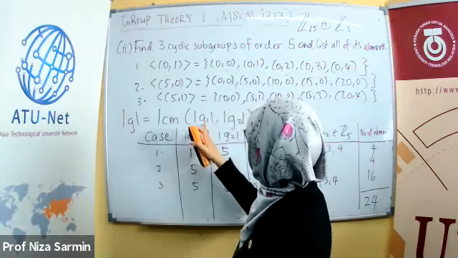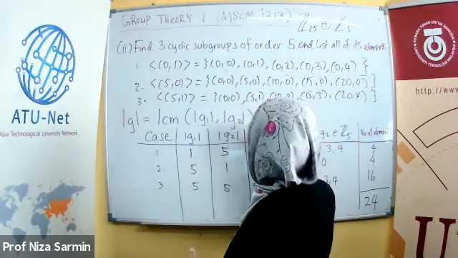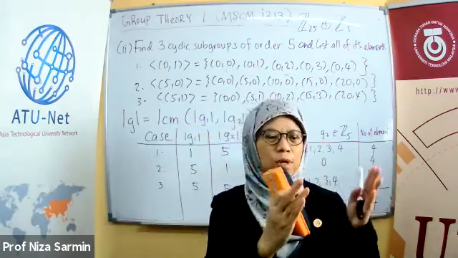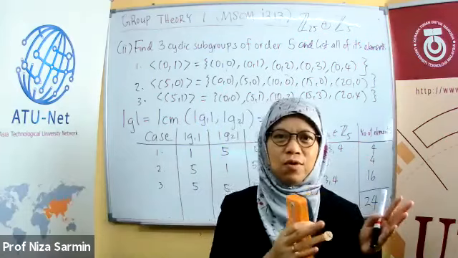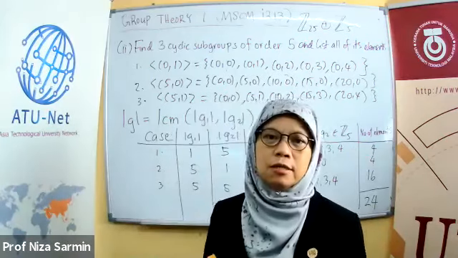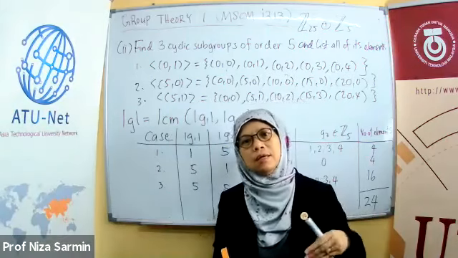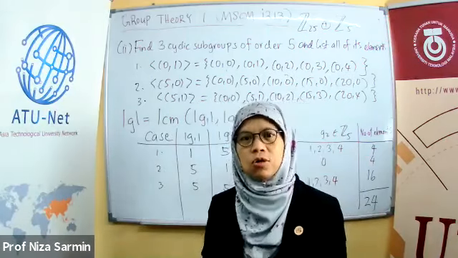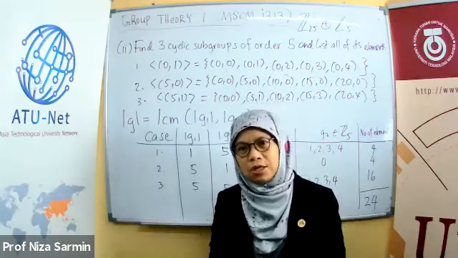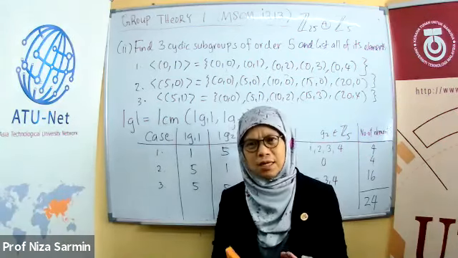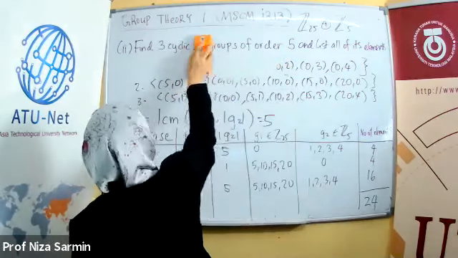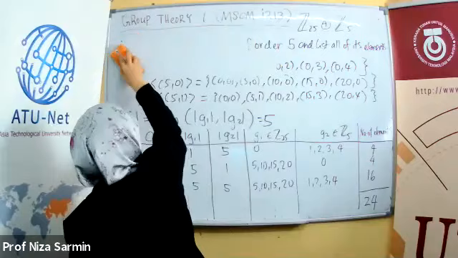If there is 3 and the answer is 5, you can have many combinations, like 1, 5, 5, and so on. Okay, so this is the way to find elements of certain order, generate the element, becomes cyclic group. Now next one is a little bit different. Okay, find subgroups, not cyclic subgroups.